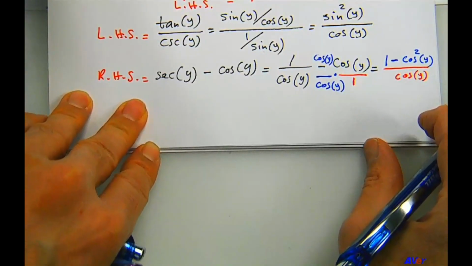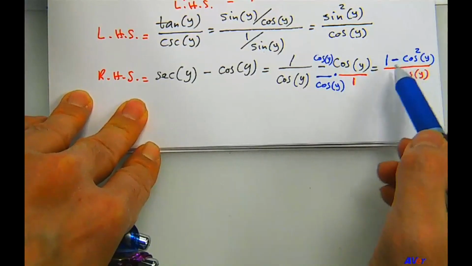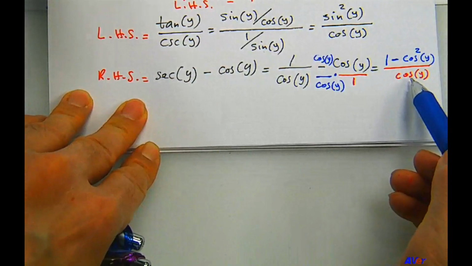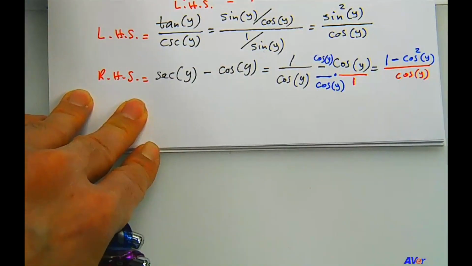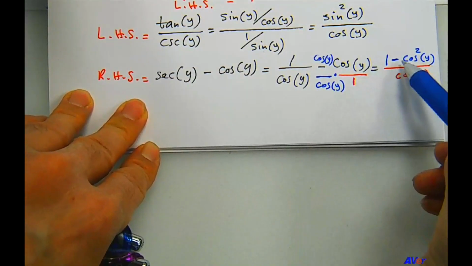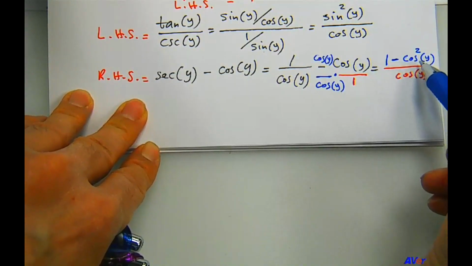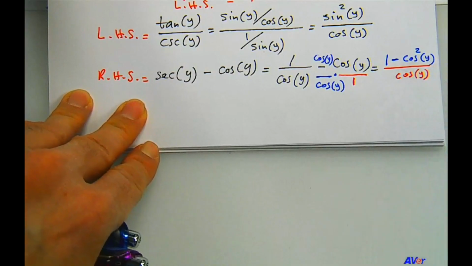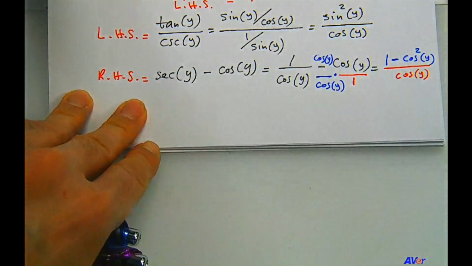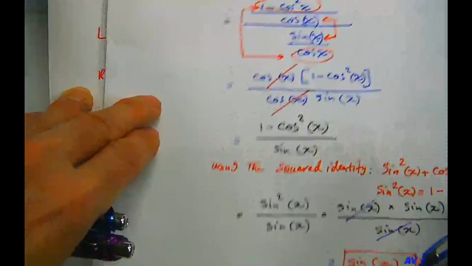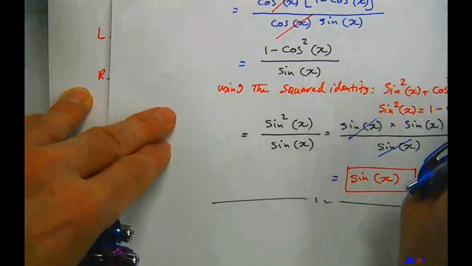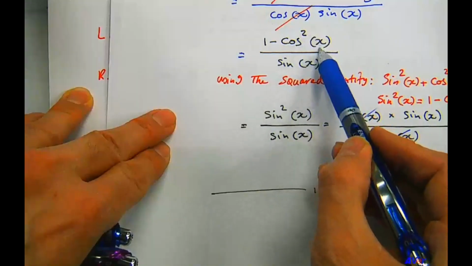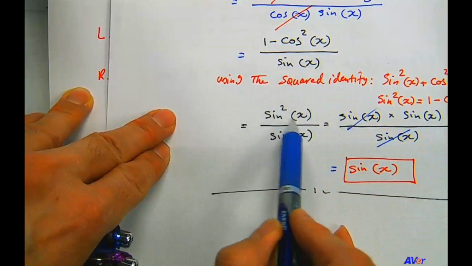Now, do you remember how we can, the denominator cannot be simplified, right? The cosine and sine are very basic, but what about this expression, 1 minus cosine squared y? Well, we just did it in the previous example. We made use of the squared identities. We said that 1 minus cosine squared x is equal to sine squared x, right?